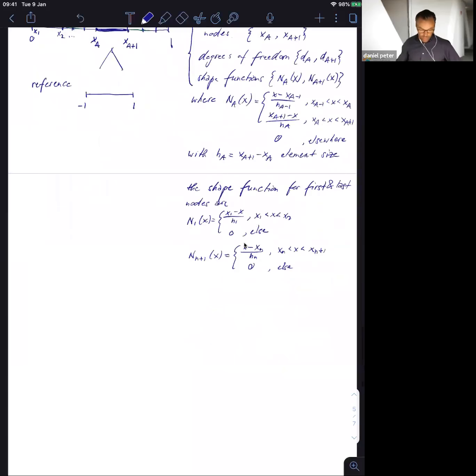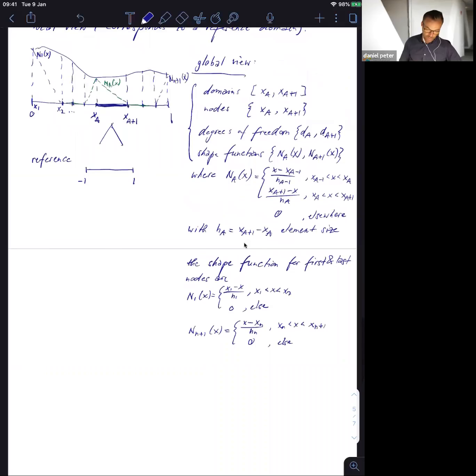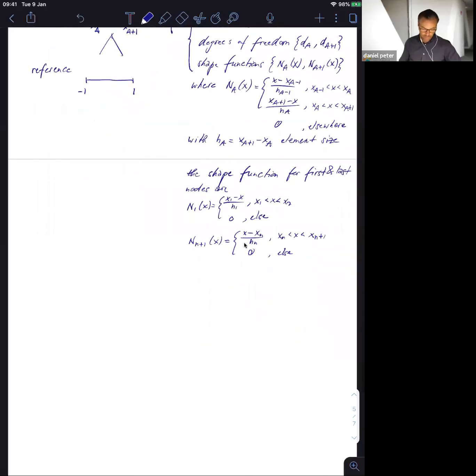Something to note here is that with these shape functions, the stiffness matrix, these KAB elements, becomes symmetric and banded. So it has local support, and everything else becomes 0.